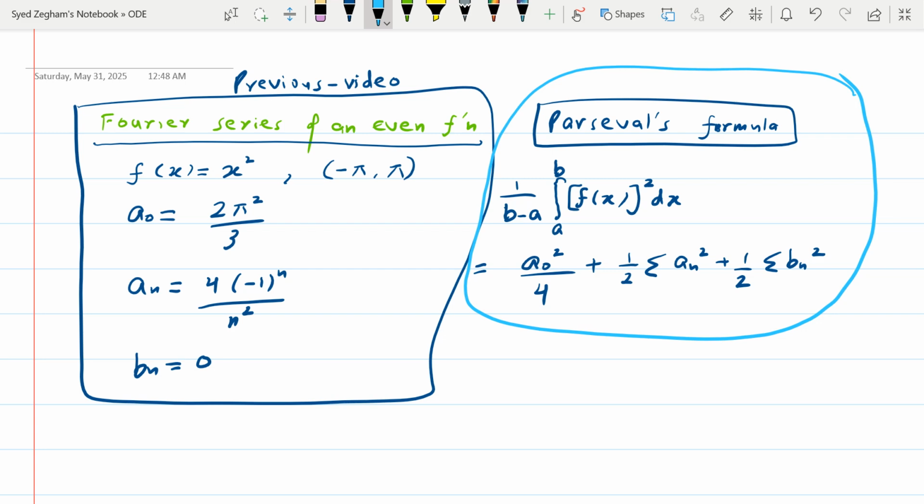So what we will do, we will consider the same function and we will try to apply the Parseval's formula for deducing some series. Okay, so let me write the question.